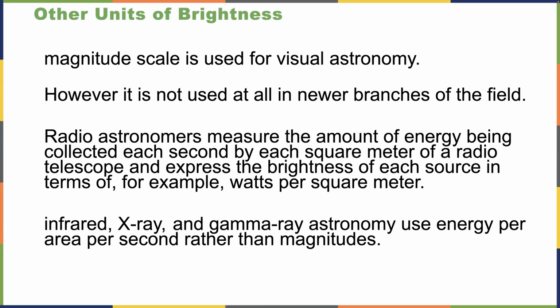And also for IR, X-ray and gamma ray astronomy, they use energy per area per second rather than magnitudes, right? So these are for different purposes. But I do not have time to explain all these things. Just as an introduction, keep in mind that there are other ways of expressing brightness in different regions of the electromagnetic spectrum in astronomy, right?